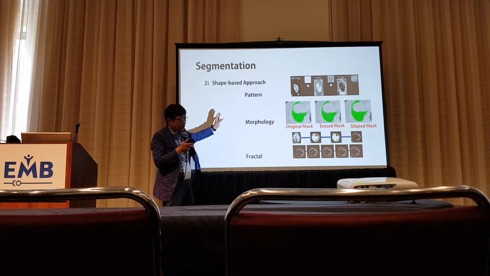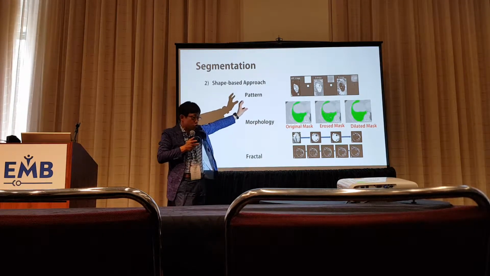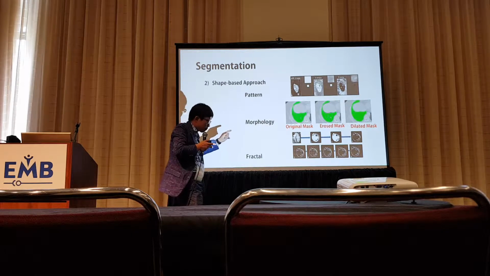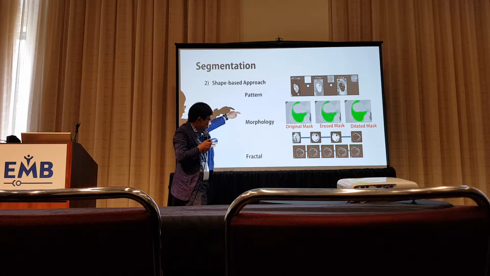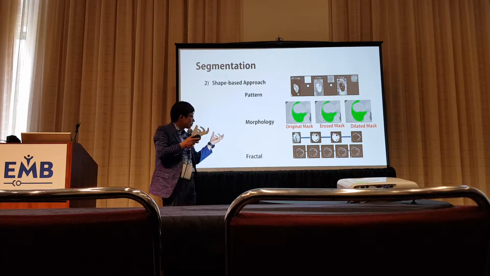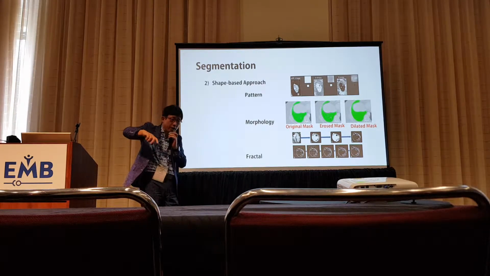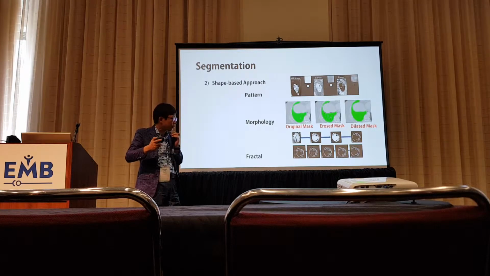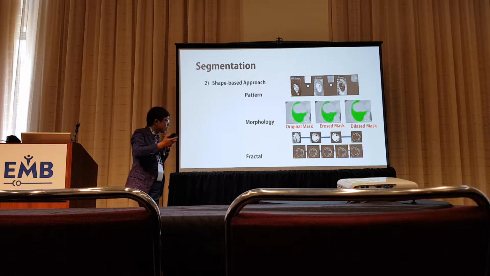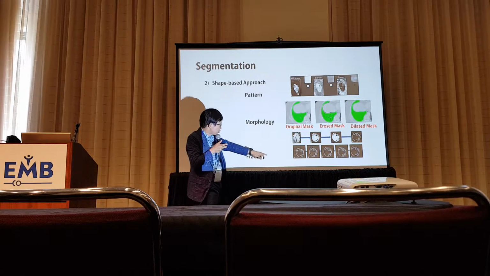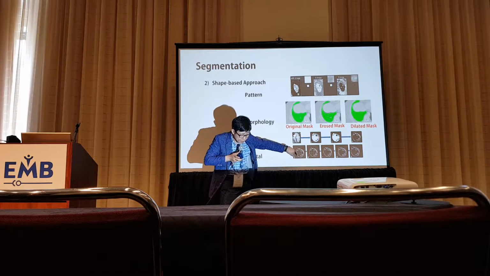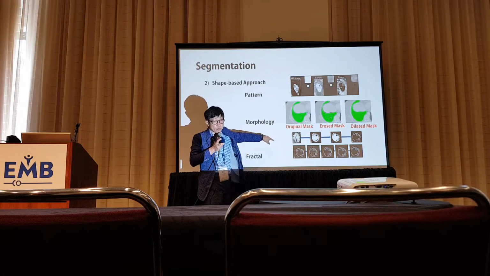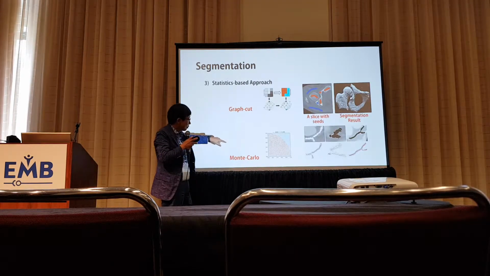So each organ has a different shape. So following the pattern-based segmentation or morphology-based segmentation, the image obtained is the original mask from the CT, then we can enlarge or shrink following the structure, and additionally we can make a very simplified structural difference, so-called fractal segmentation.